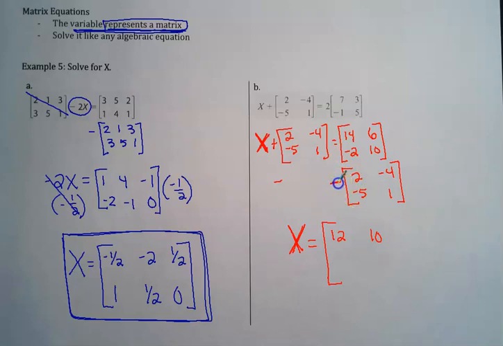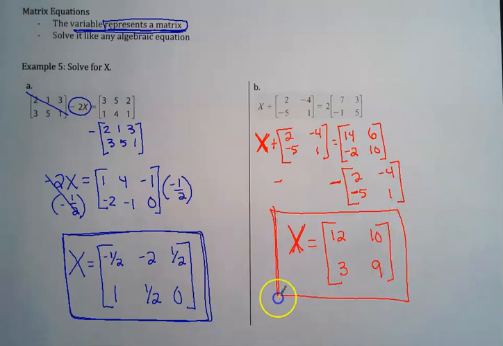Again, hold up. We have minus a negative. That's plus. So what's -2 plus 5? Okay, good. That's 3. All right. And the last one, 10 minus 1 is 9. There is our solution. Okay. Matrix X is 12, 10, 3, 9.